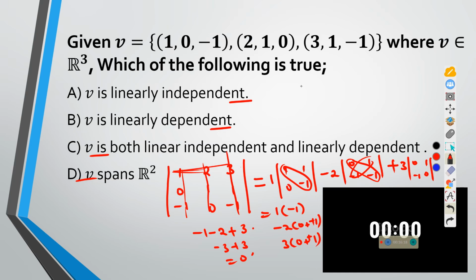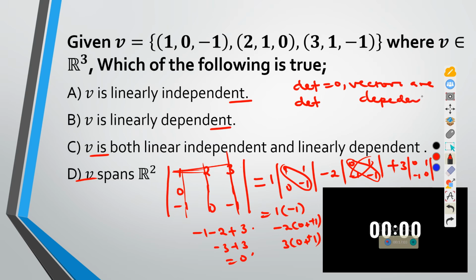So like the way we said, if the determinant of the vectors is 0, then we should know what to conclude with. And if the determinant is not 0, we should know what to conclude with. So basically, since we have got the determinant as 0, this implies that the vectors are actually dependent.